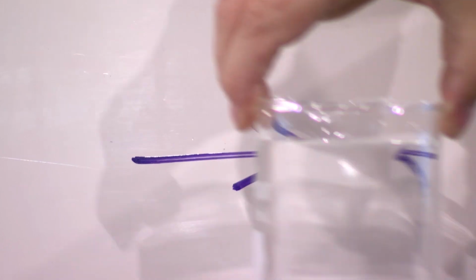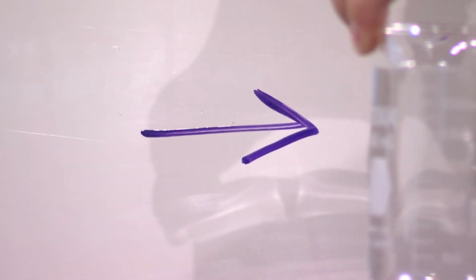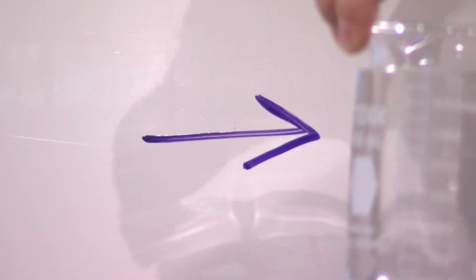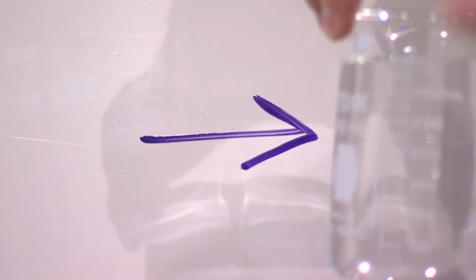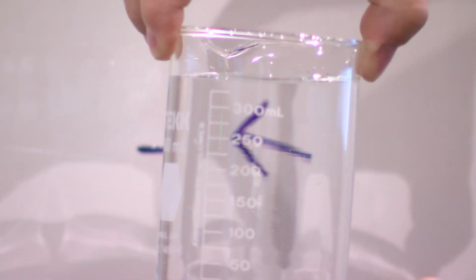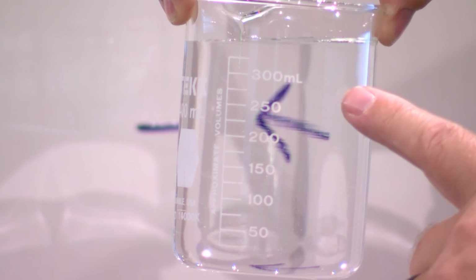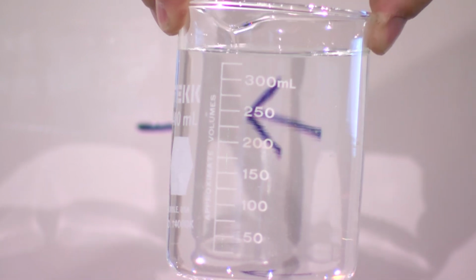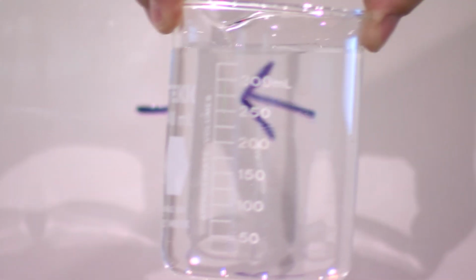So we're going to bring the glass in front of it, and we actually see that arrow changing direction. So what's happening is inside of this, the light is being refracted or bent. So the arrow is pointing that way, now it's pointing this way. We can see that change because the light inside of our water here is being refracted. It's bent inside of our container.